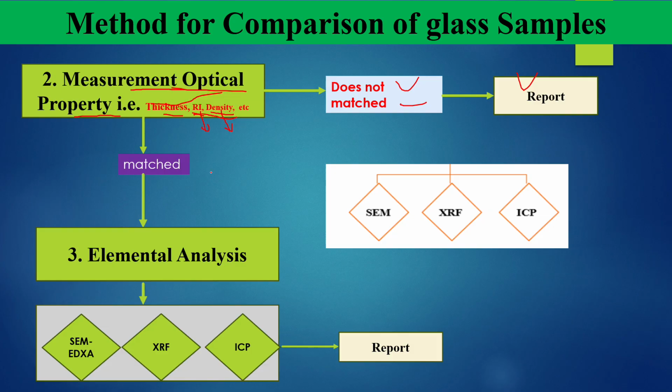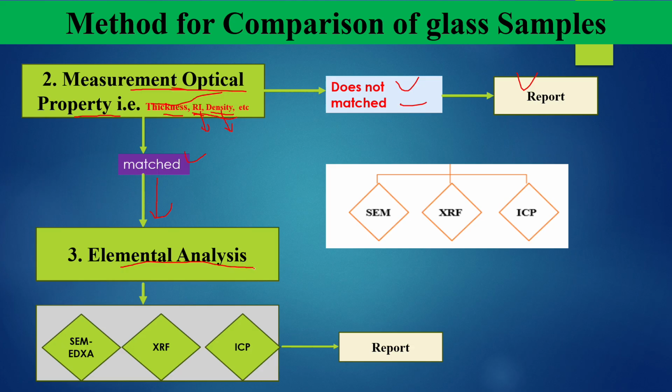Further, if these properties match, a match means you cannot say only on the basis of thickness or density that they are from the same source. You require confirmation by elemental analysis, a composition analysis of the glass.